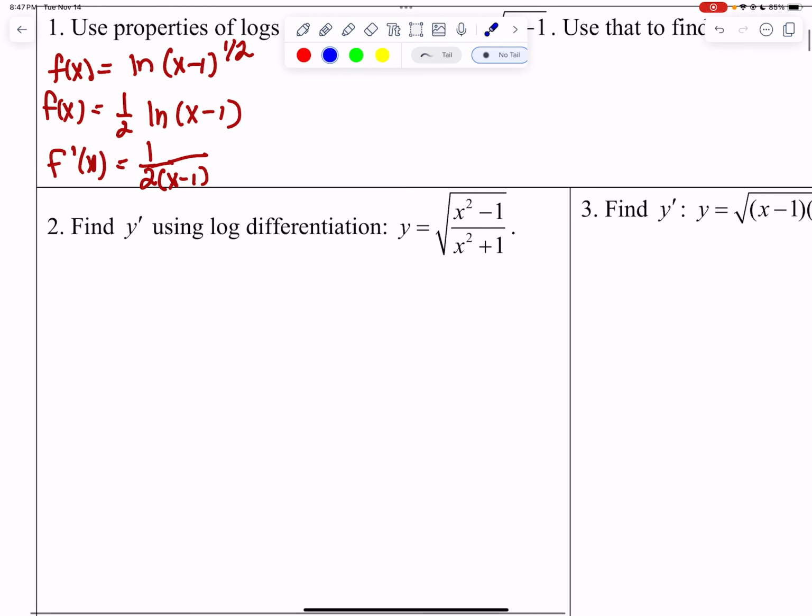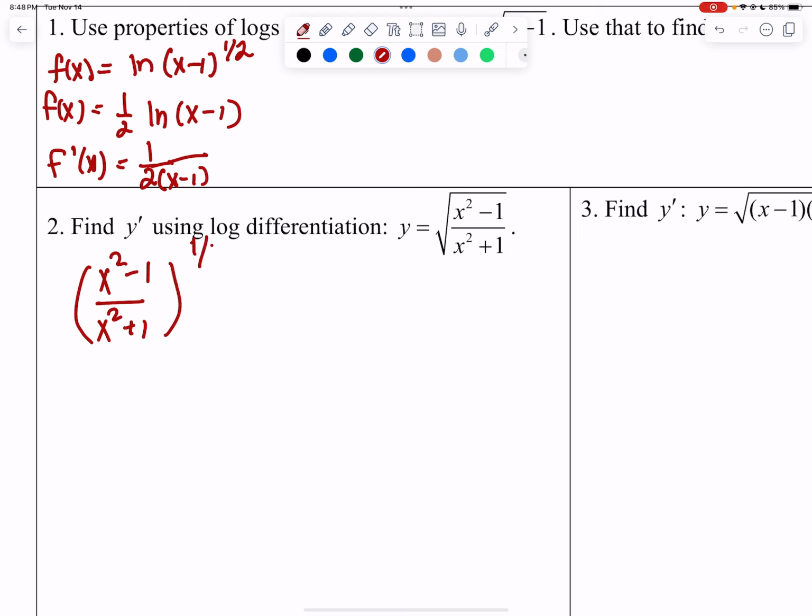Okay, so for number 2, you want to find y prime using log differentiation. So we have y is equal to the square root of x squared minus 1 over x squared plus 1. Here's the thing about this one. If I were to take this derivative right here, I'm going to have to use chain, because this is a function within a function, raised to the 1/2.